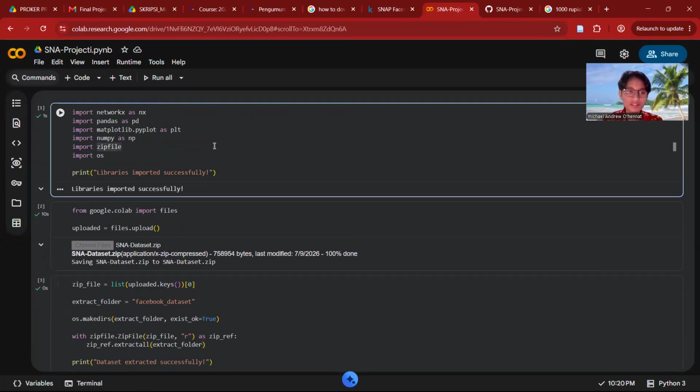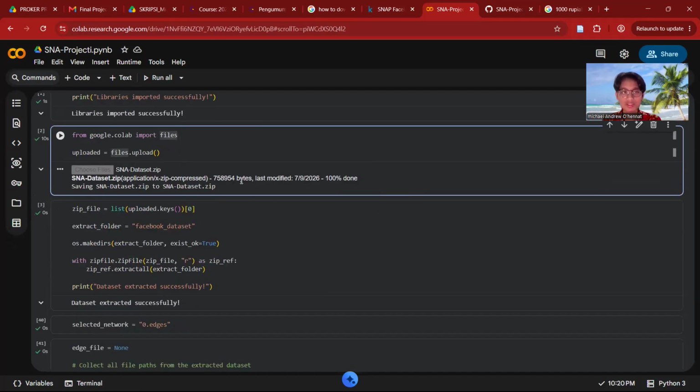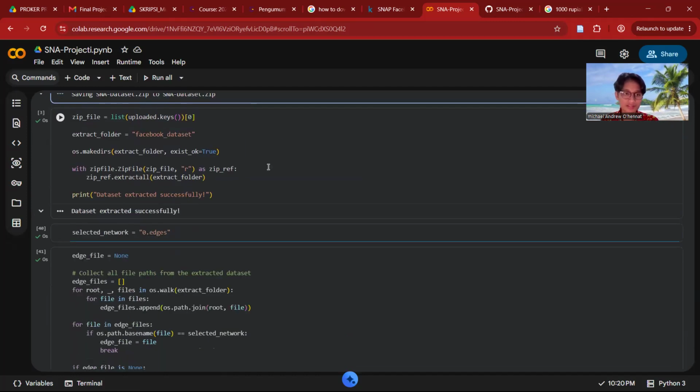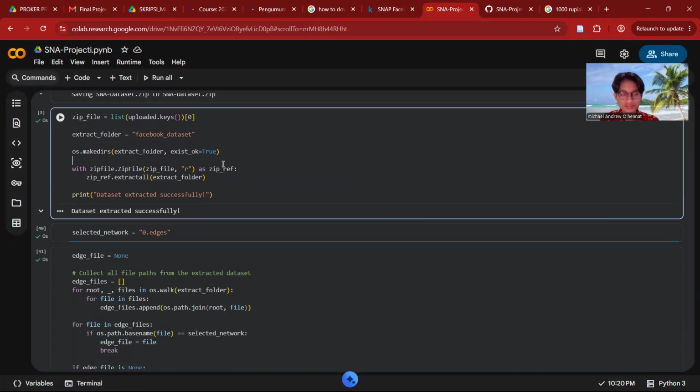For the first cell, as usual, we import the libraries that we need for this project. Then in cell number two, we import the dataset that has been downloaded. Then cell three extracts the dataset.